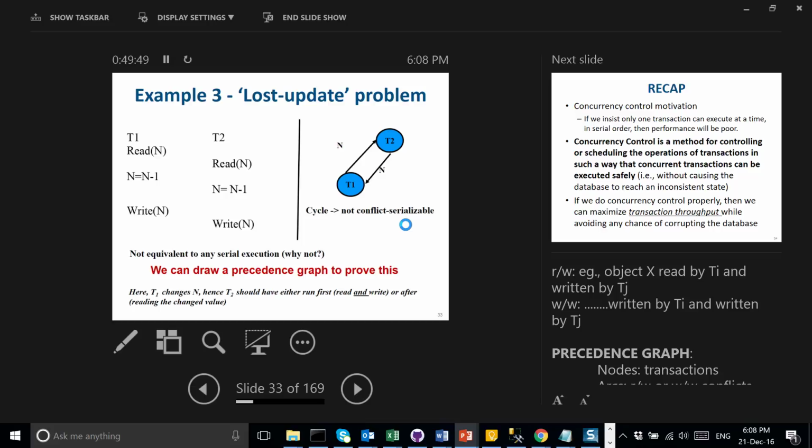So, for example, in here, let's try to see how we can use locking. So we read n, and then we try to change it. Okay, and then we ask for an exclusive lock on n, and this one already has a shared lock.